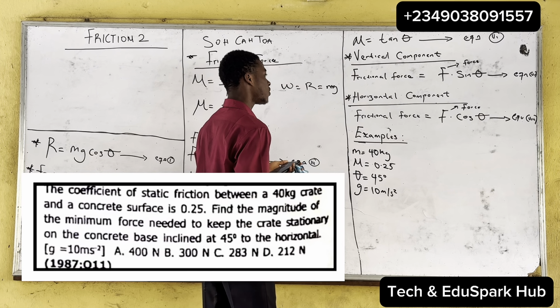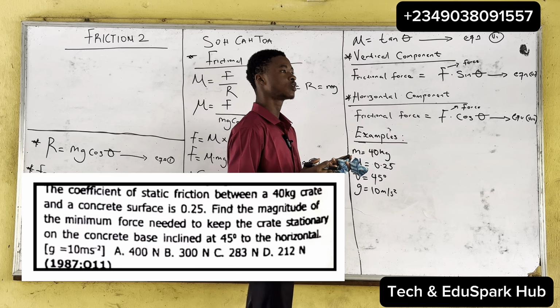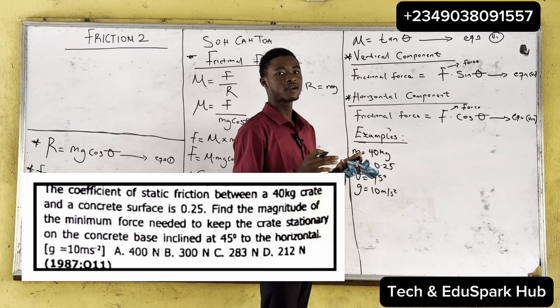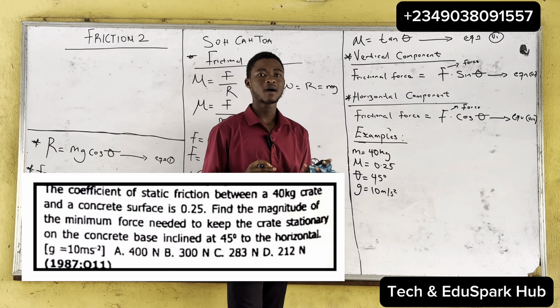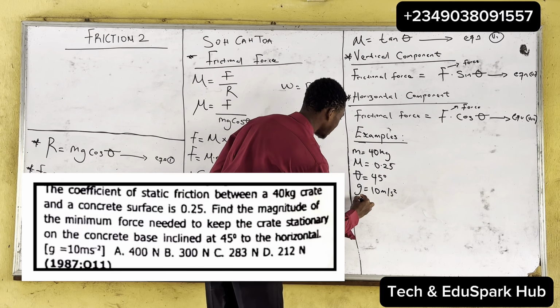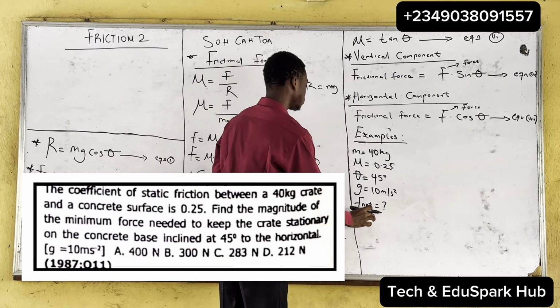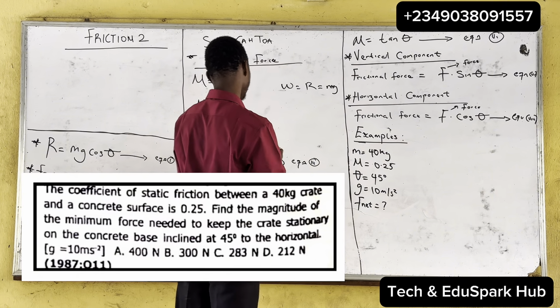So in this kind of question, when they're asking you to calculate the minimum force to keep a particular body stationary or balanced, we'll be using the formula for our F net. So they're asking us to calculate the F net, which is the total force or the net force on the inclined plane.